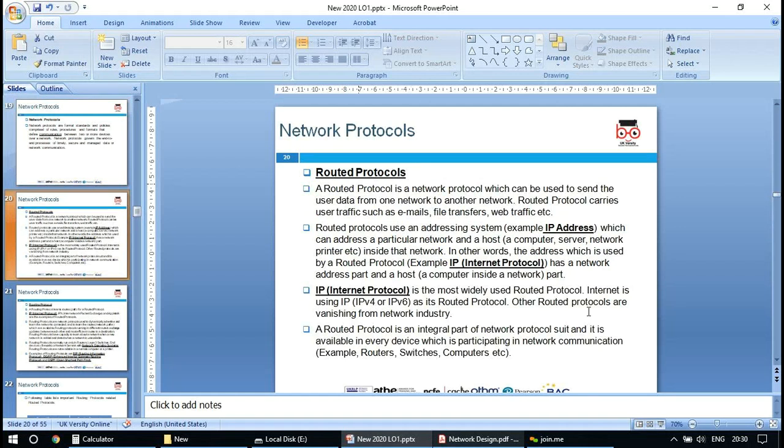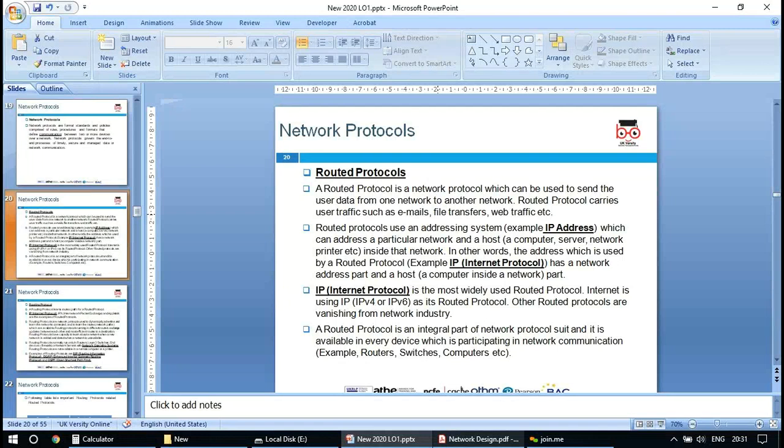So there are certain types of the protocols, one of them is the routed protocols. Routed protocols are used when you try to send data from one network to another network.